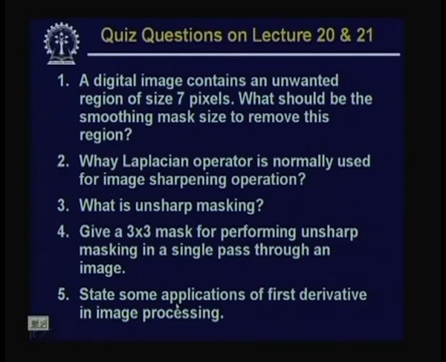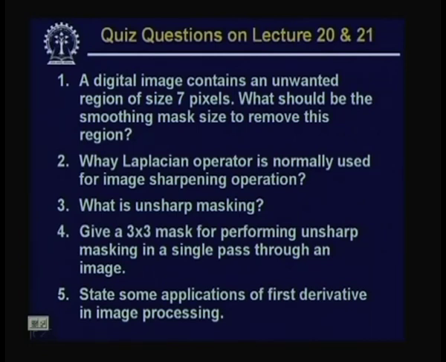The first question is, a digital image contains an unwanted region of size 7 pixels. What should be the smoothing mask size to remove this region? Why Laplacian operator is normally used for image sharpening operation?